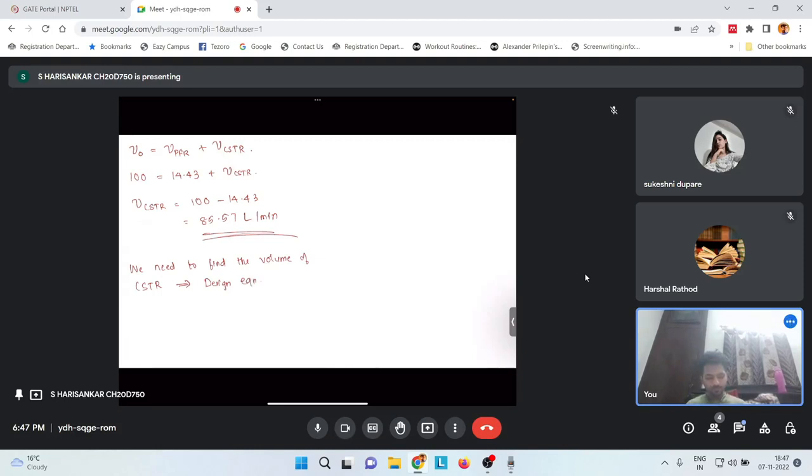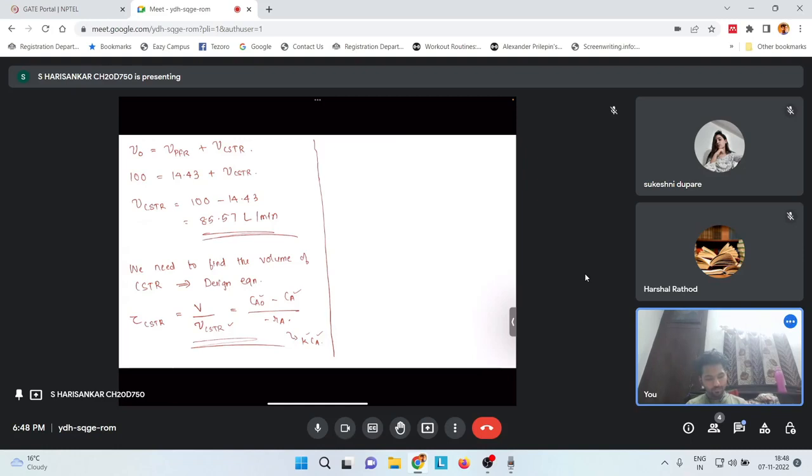So the design equation is tau CSTR, which will be V by nu CSTR, and that will be equal to CA0 minus CA by minus RA. Now we have to substitute all the values that we have. We have the value for nu CSTR, CA0, CA, and this RA is basically KCA, and we have the value for K as well as CA.